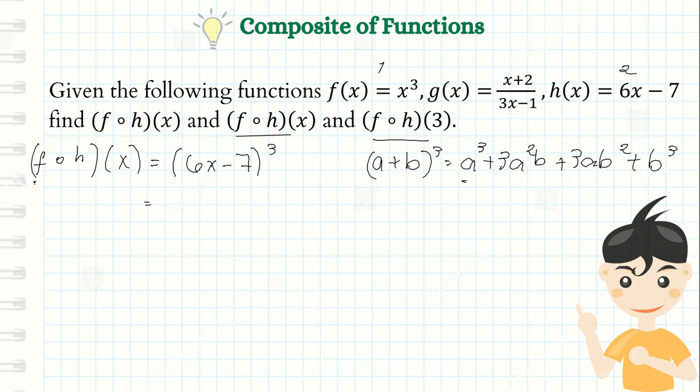Okay? Sir, saan dyan yung i-cube? Ito po, si 6x. Okay, this is representing A po kasi, and negative 7 representing B. Okay? So, mga anak, 6x cube is how many? Anyone?